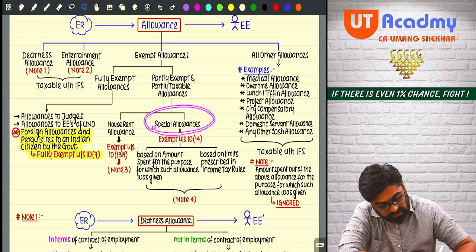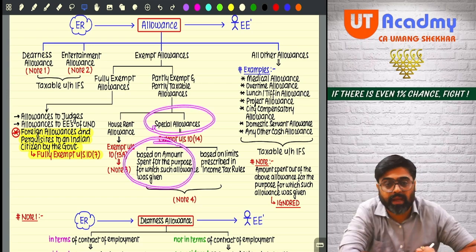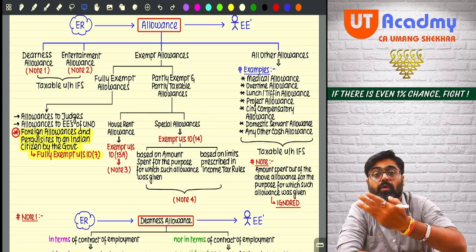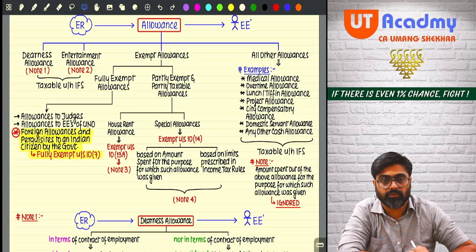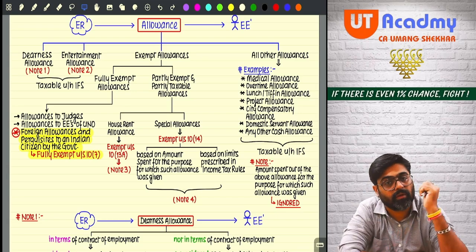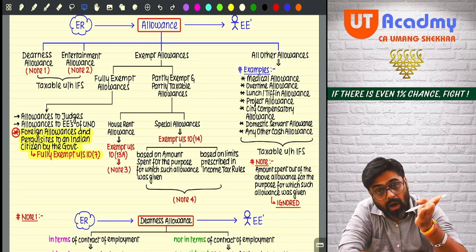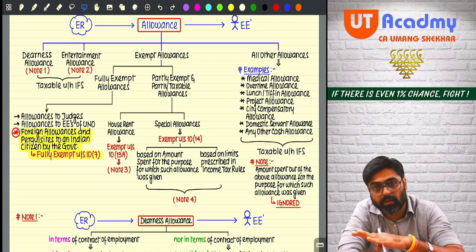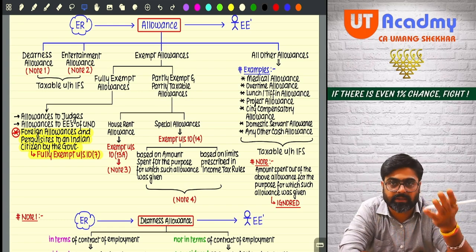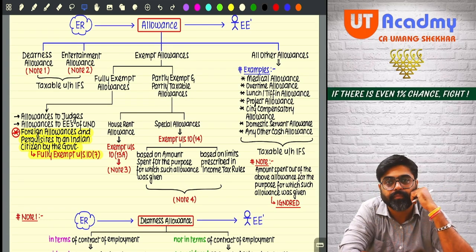Now out of these special allowances, certain allowances will be exempt based on the amount which is actually spent for the purpose for which the allowance was given. For example, if you are getting traveling allowance, whatever amount you spend for traveling, to that extent the amount will be exempt.